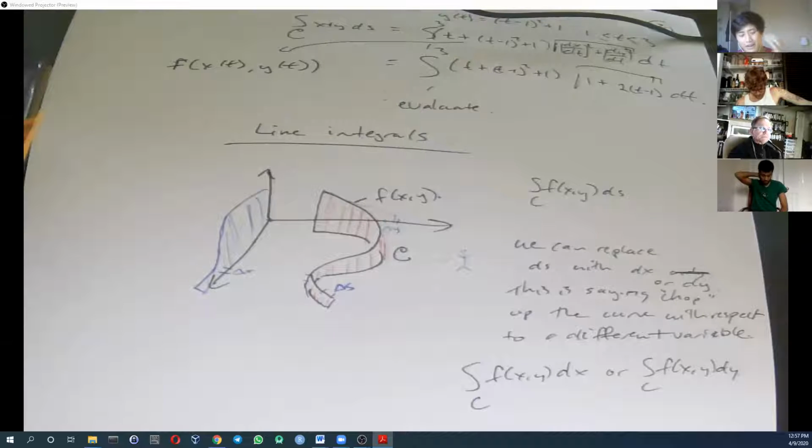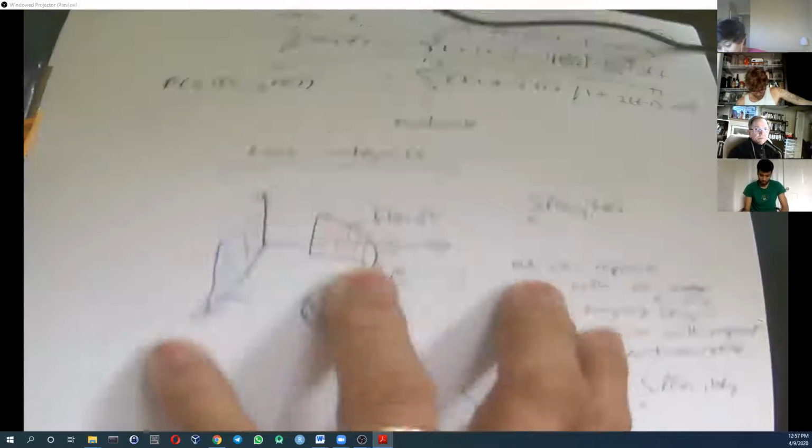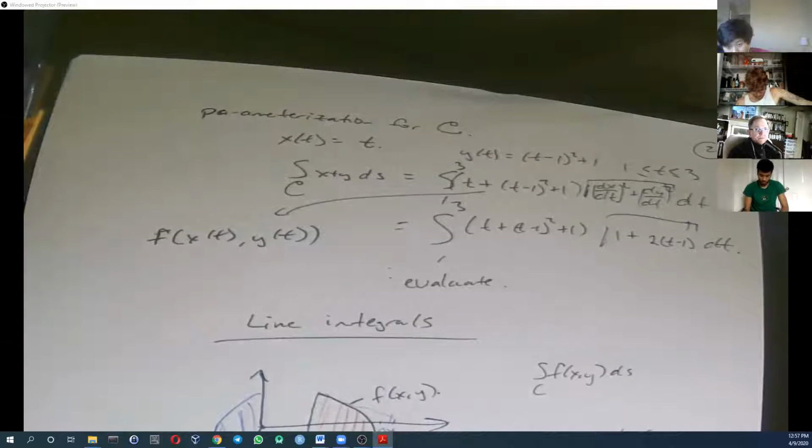This is not something the book described with a nice picture, but this is what you should think about when you think about these kinds of line integrals. Okay, so now I want to compute these line integrals. And there's a nice formula for these, just like you'd expect.